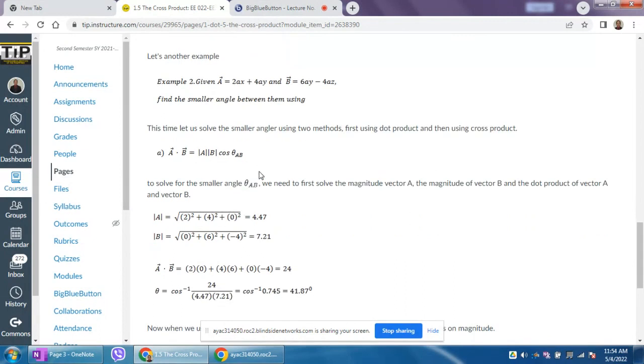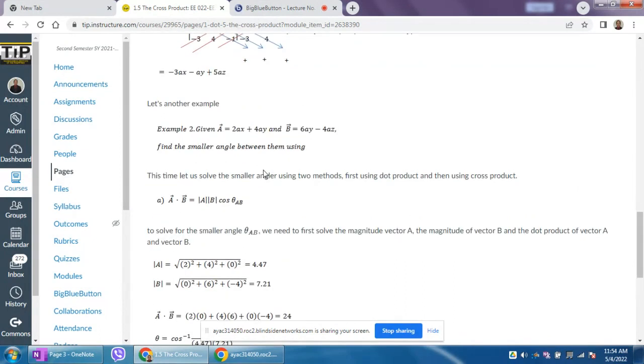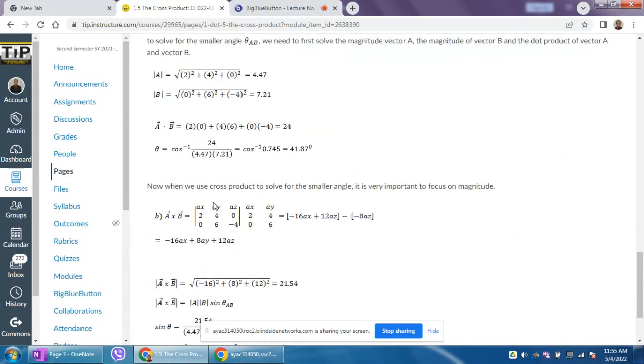Okay, let's have example number 2. So given vector A and vector B, vector A is 2ax plus 4ay, vector B is 6ay minus 4az. Question is, find the smaller angle between them using dot product and cross product.